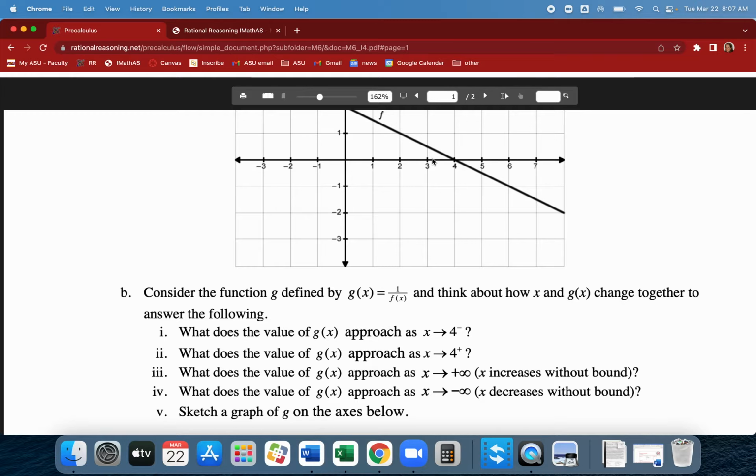If I go down this table, I'm getting closer and closer to 4. I'm not actually running into 4, because if I were to use 4, this would be a mystery bad number that doesn't exist. But for the rest of these, I don't have a formula written out for f of x, so I don't know what numbers precisely run into these, but the reciprocals are getting larger and larger and larger.